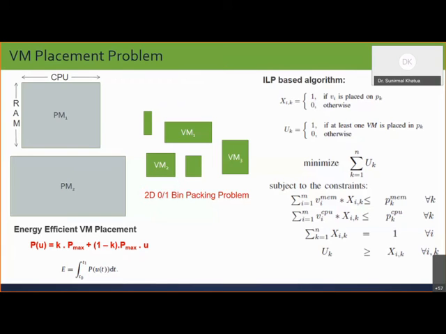So it becomes a multi-objective optimization problem. Today, a lot of solutions are provided considering both the energy and the resource wastage as multiple objectives, with traditional multi-objective solutions. Using machine learning and genetic algorithms also, we have some papers where we provide some close solution to the optimal one.